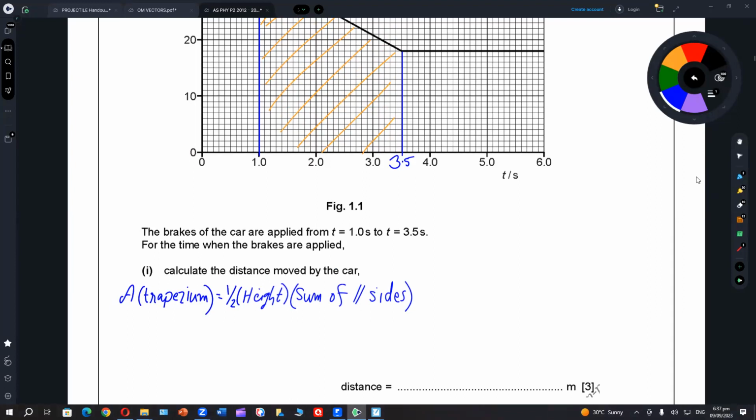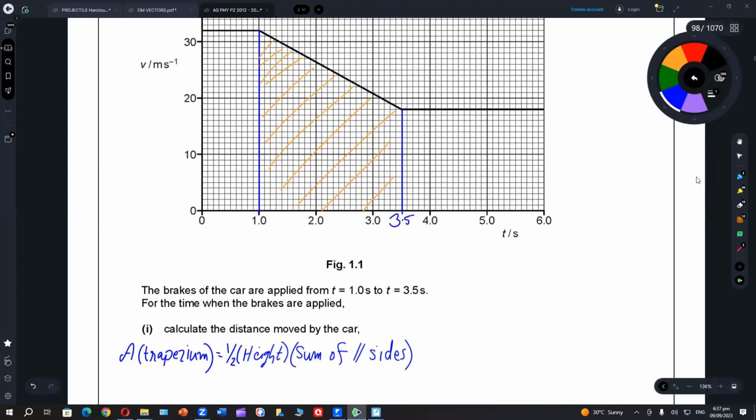Sir, is the distance 94.5 meters? Okay, let's see what others have to say there. I think the height is 2.5. If I mark here, it is 2.5.